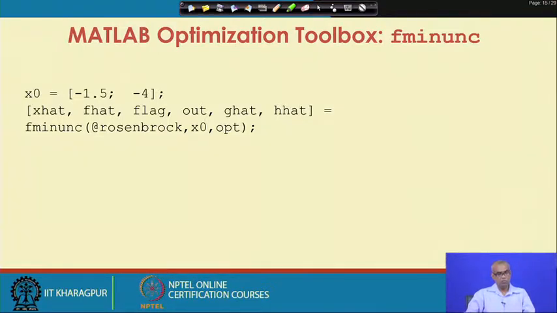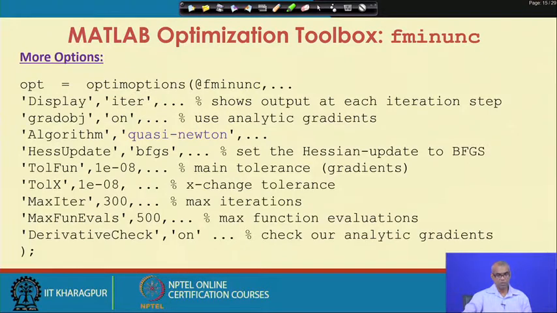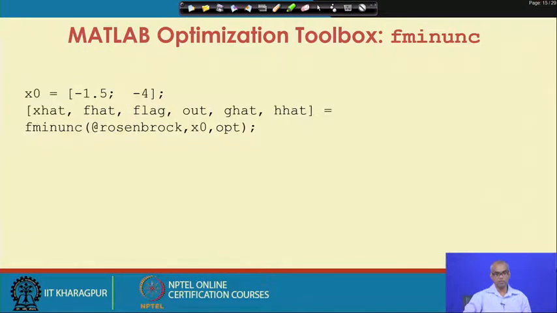Now, let us solve the Rosenbrock problem with this quasi-Newton algorithm. We are supplying all these options and solving the problem using the quasi-Newton algorithm. I supply x 0 equal to minus 1.5 and minus 4 as the initial guess.